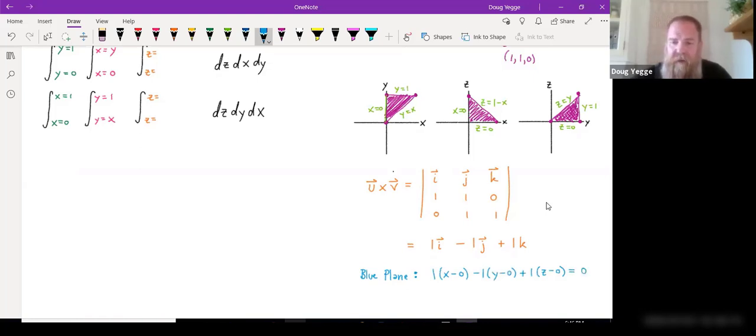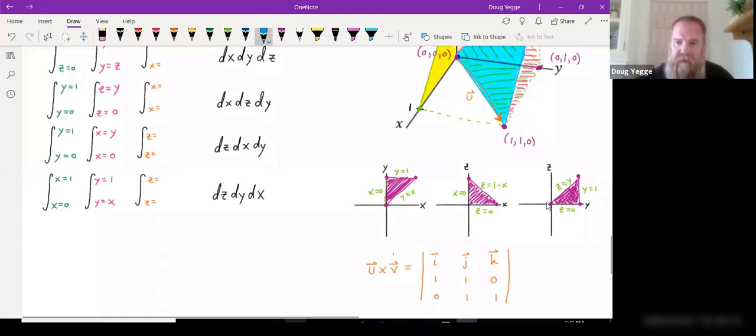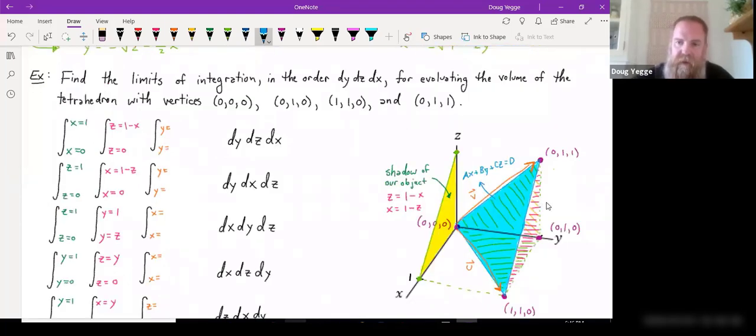And so notice the plane is just x minus y plus z equals 0. So this plane up here then is actually going to be the plane x minus y plus z equals 0.